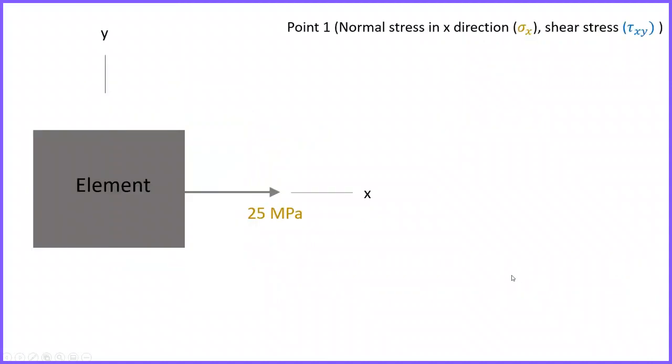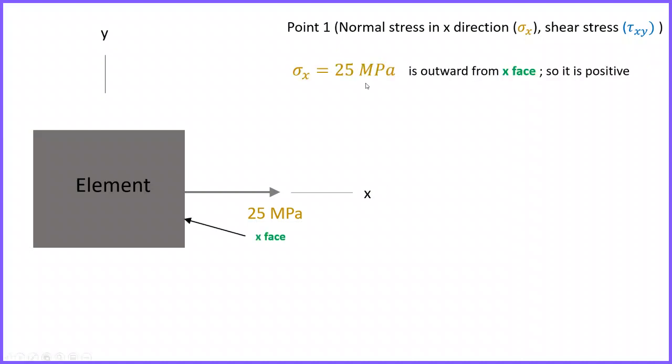Now let's find point 1. As I said before, point 1 is the normal stress in the x direction. So this is my x direction, and this x face, this sigma x of 25 megapascal is outward from this x face.